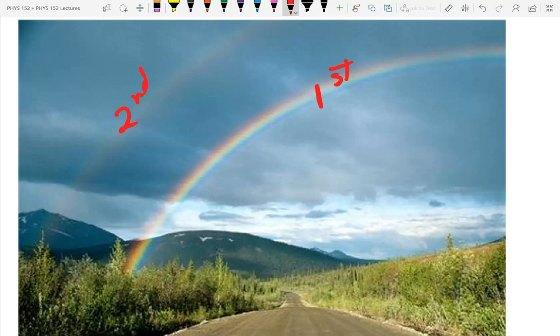This is actually called Alexander's dark band, the region between. The reason is, in Alexander's dark band, you have scattering of light, but it's all being scattered away from you. And so you're not seeing any scattering back from the water droplets in the sky. On the inside, you are seeing some scattering back, and that's why it's brighter.